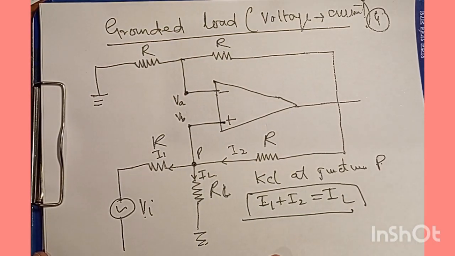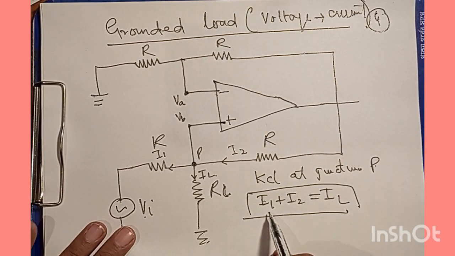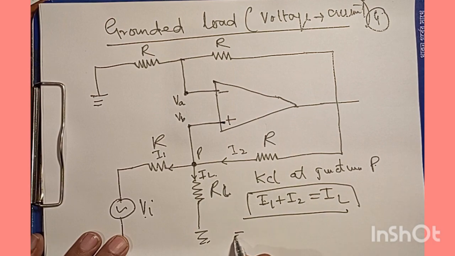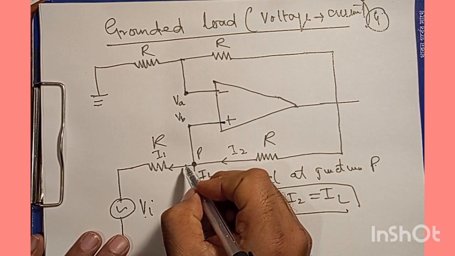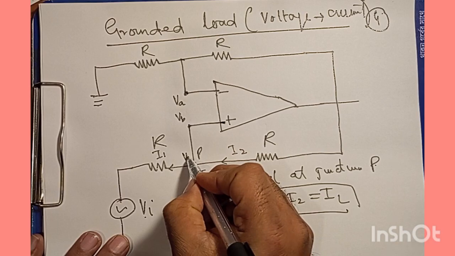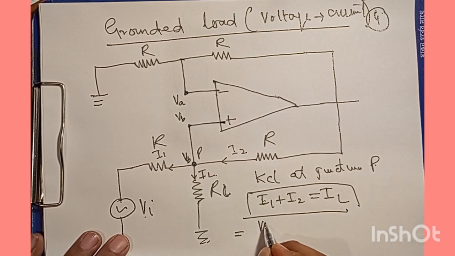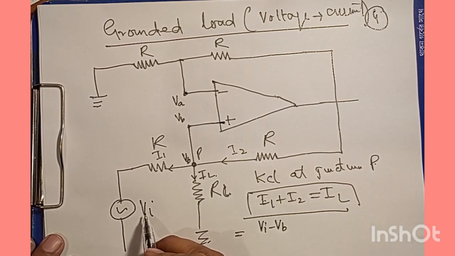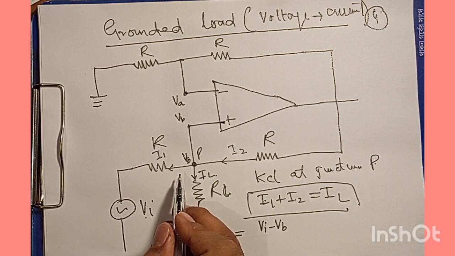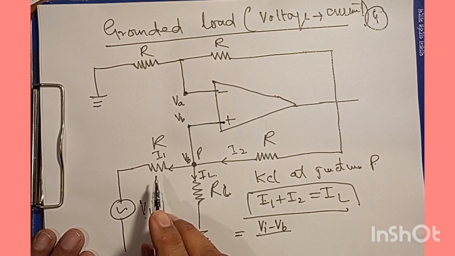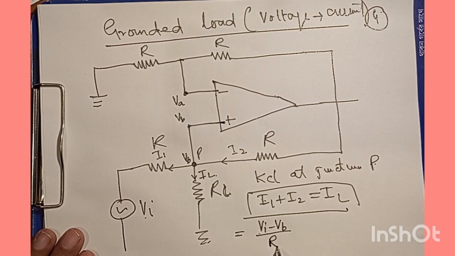Now let's find the value of I1. So what should be I1? Suppose this is VB, this is also VB. So we can write down here VI minus VB, divided by the resistance here, which is R, and that should be clear.